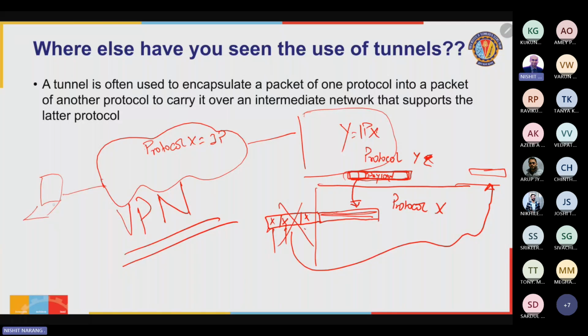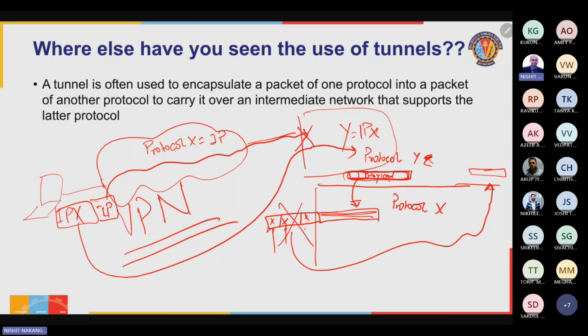So my laptop can be part of the private network and it can generate IPX packets. But as long as these IPX packets can be encapsulated into an IP packet, that packet can flow through the internet, reach my enterprise, where the IP packet will be decapsulated and the IPX packet will flow into the network.